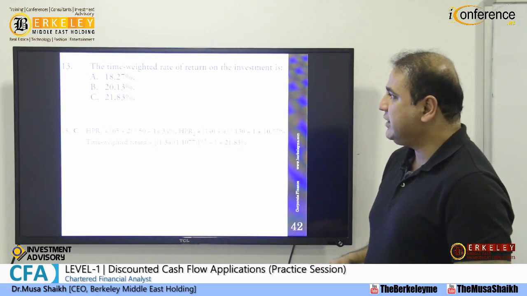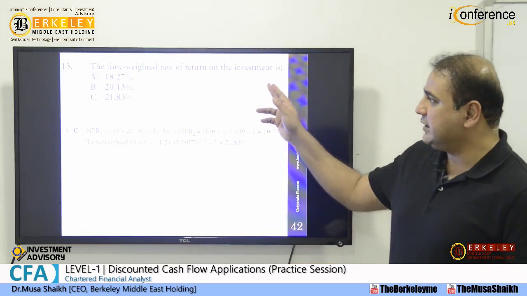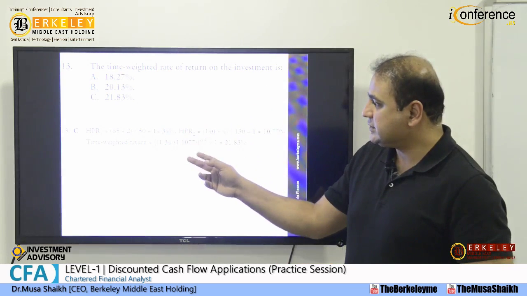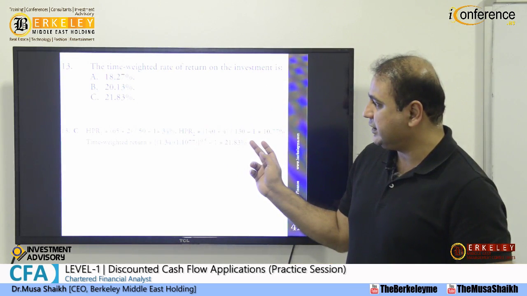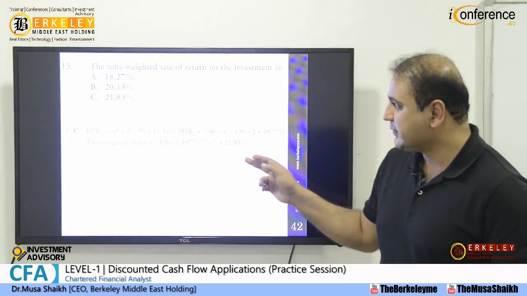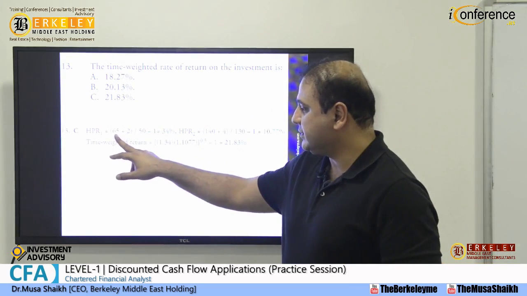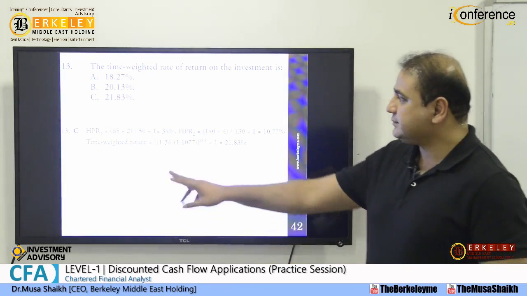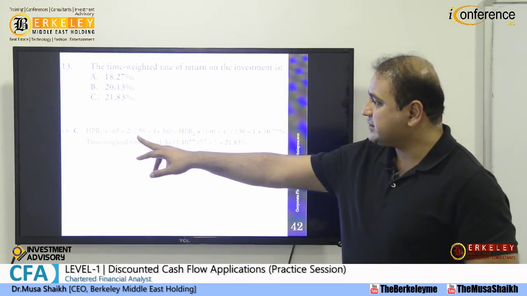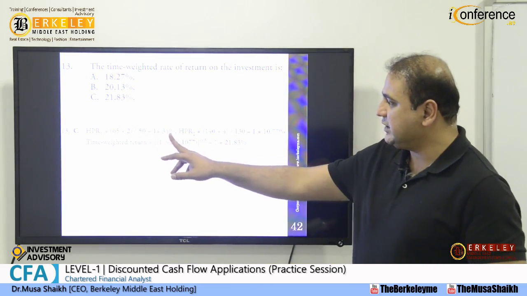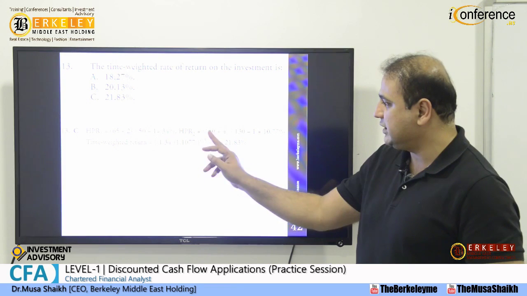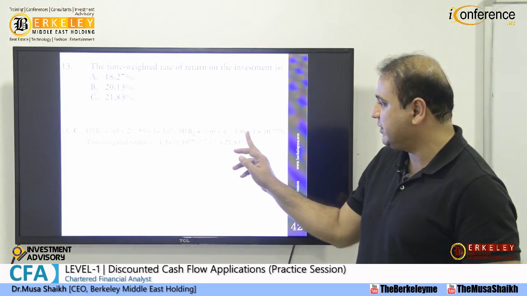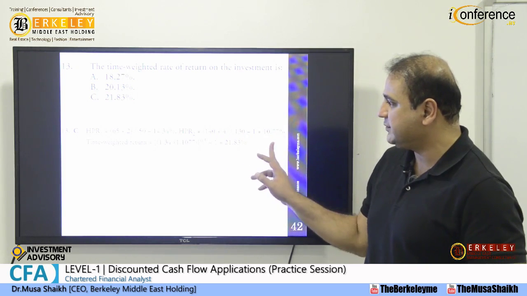Now the time weighted rate of return on investment is what? If you put it in the formula, C is the right answer. The HPR is (65 plus 2) divided by 50 minus 1, which is 34%, and for the other it is (140 plus 4) divided by 130 minus 1, that is 10%.